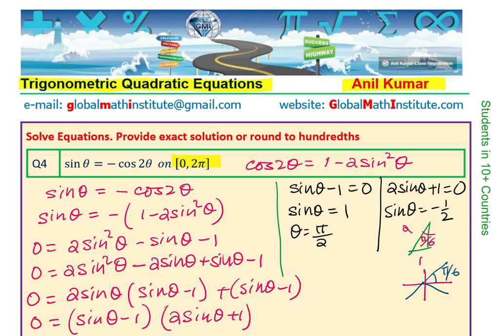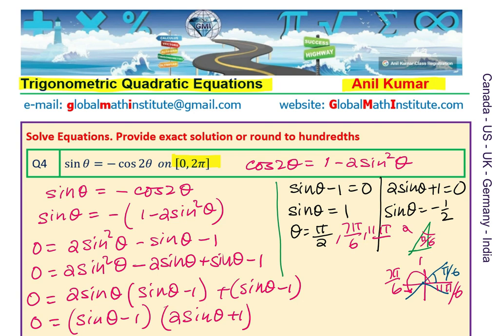So the solutions are clearly 7 pi by 6 and 11 pi by 6, right? So we get two solutions, which is 7 pi by 6 and 11 pi by 6. Makes sense. So definitely we have three solutions to this particular problem. I hope all the steps are absolutely clear.